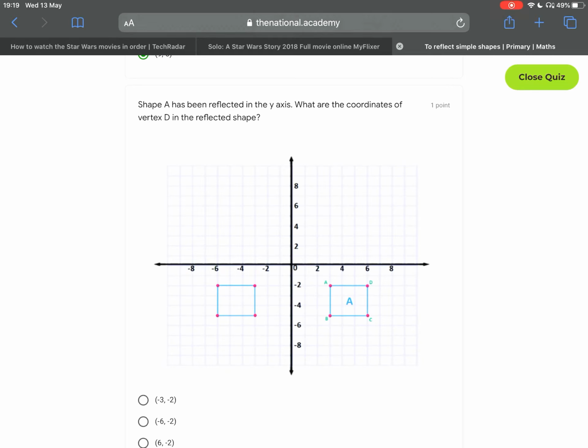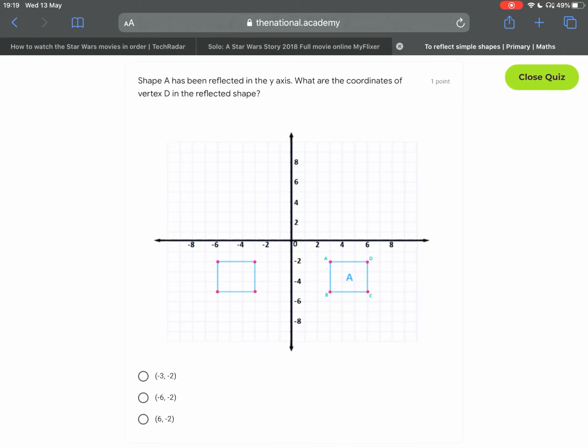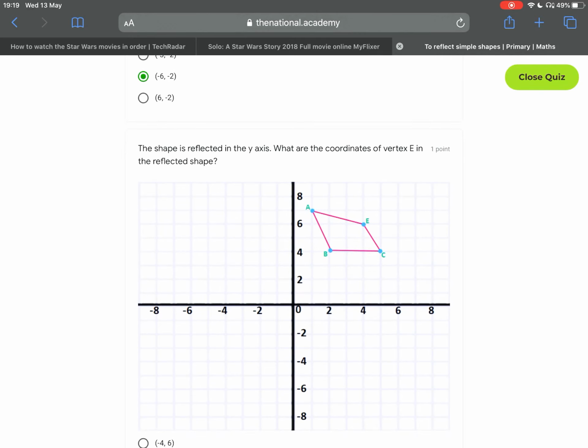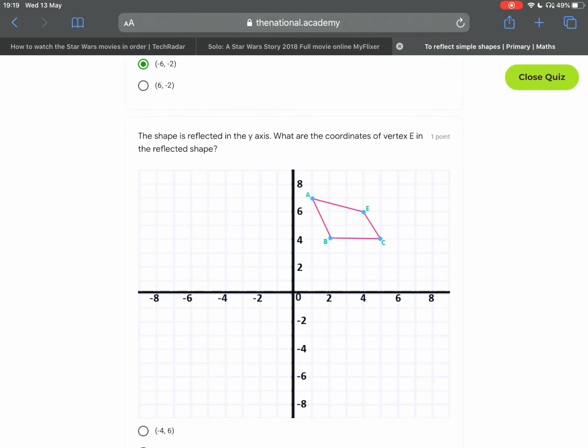Shape A has been reflected in the y-axis. What are the coordinates of vertex D in the reflected shape? The coordinates of vertex D would be -6, -2. The shape is reflected in the y-axis. What are the coordinates of vertex E in the reflected shape?